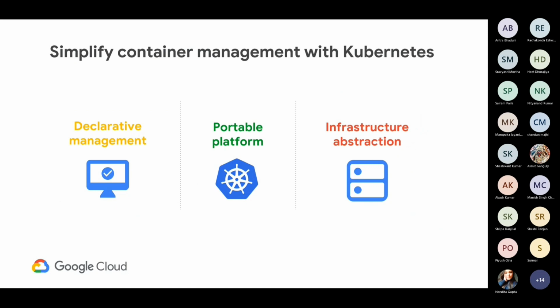So the declarative management is the YML files. This is called declarative management, where we declare what we need to use, how it should work, and how it should react to some other events. All these things we declare in this YML file, and this is a portable platform.